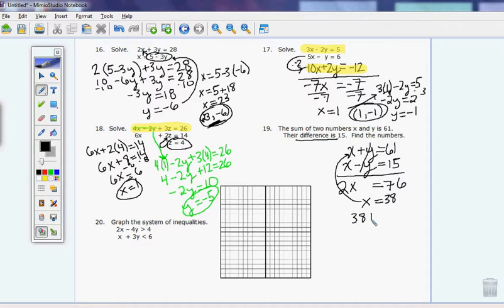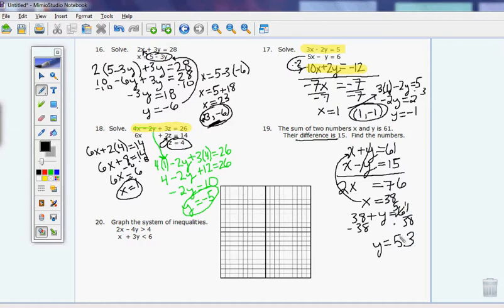But we have 38 plus y equals 61. And when we subtract 38 from both sides, we're going to get a y value of 61 minus 38, so 11 minus 8 is 3.